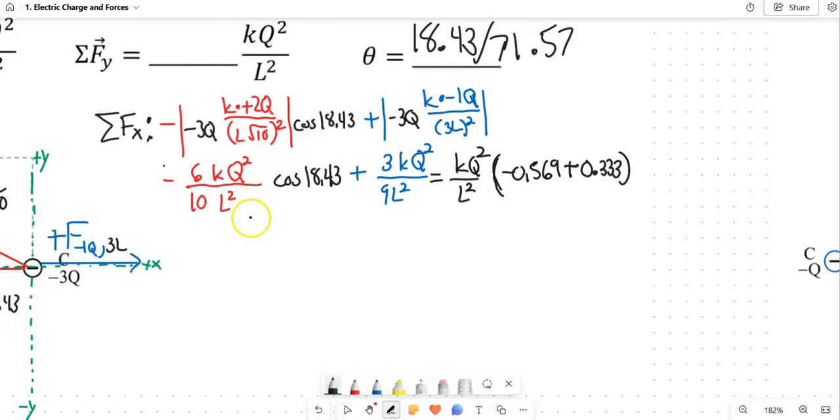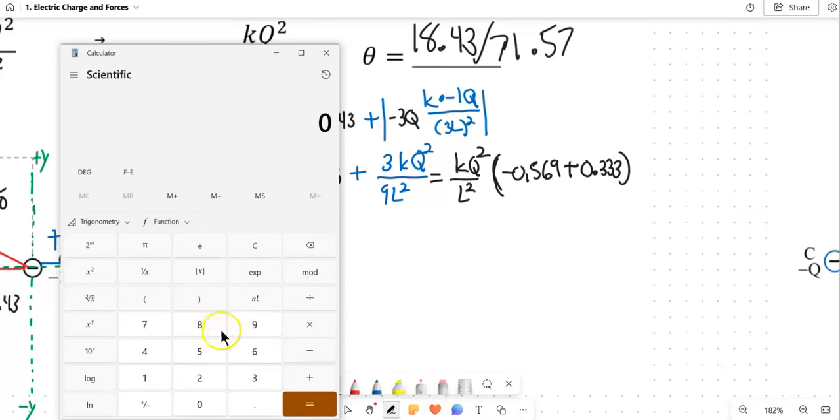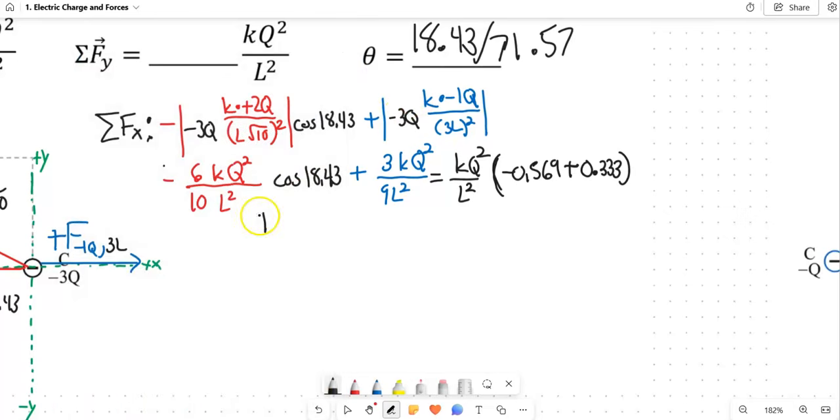So this answer for this guy is going to be, I'm going to do it again. I've already forgotten it. Negative 0.569 plus 0.333 equals negative 0.236. So this is going to be negative 0.236 kq squared over L squared.